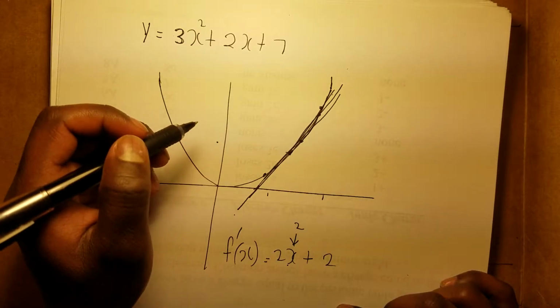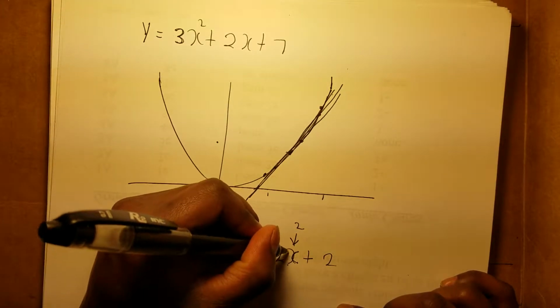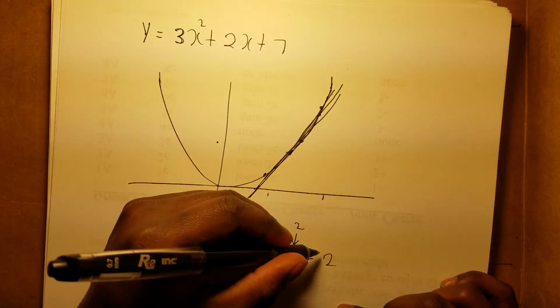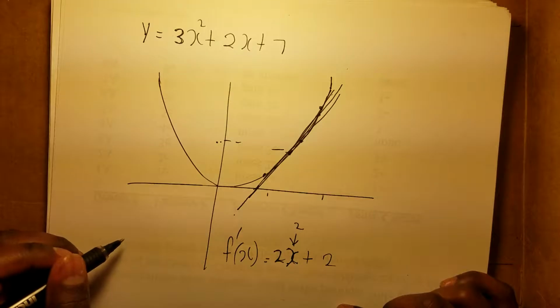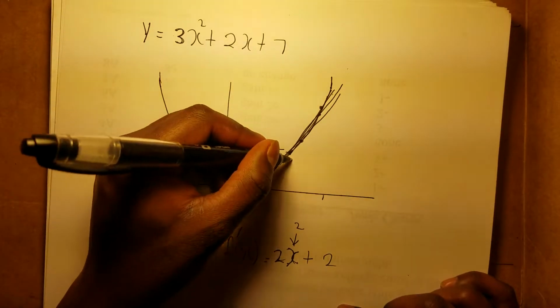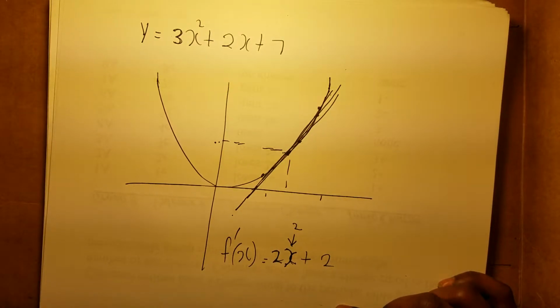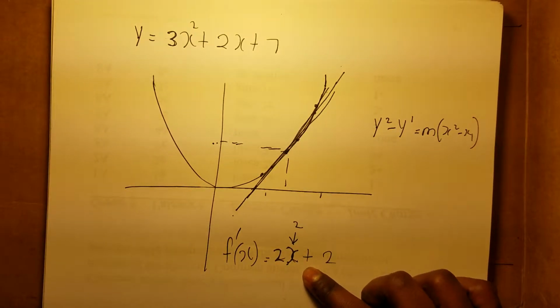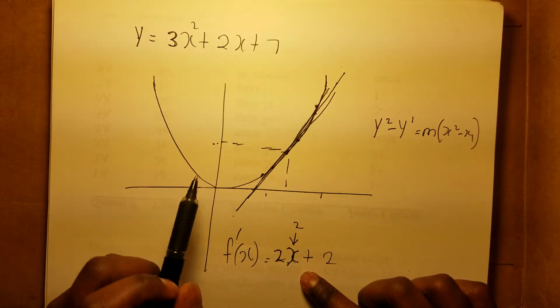So when you plug in a value of x, you find the coordinate of any point on the graph. This equation gives you the slope of the graph at any point.